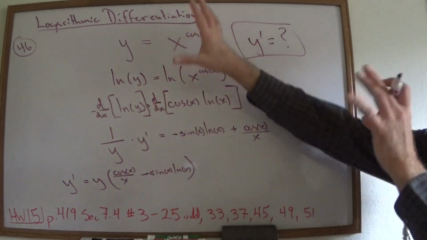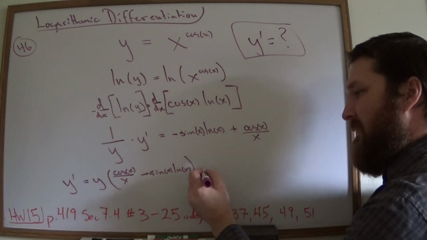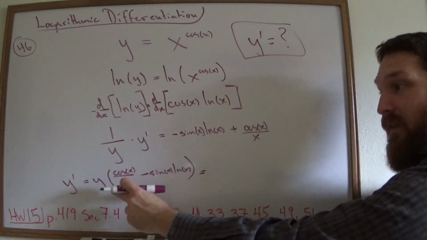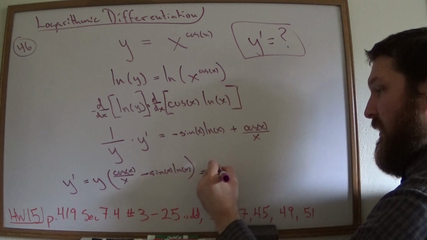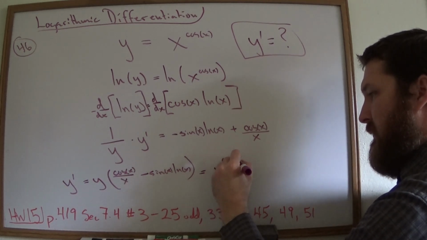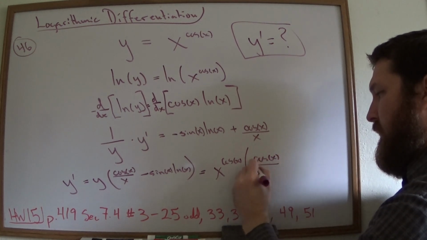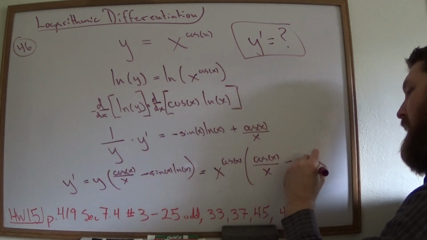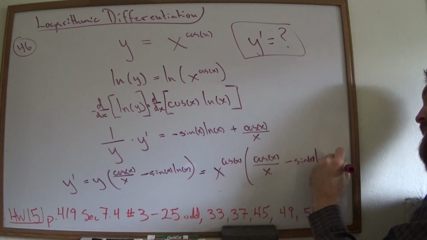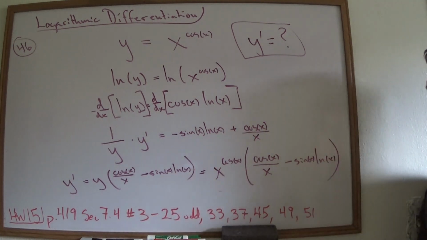So let's just replace y with x to the cosine x, times cosine x over x minus sine x log x. Boom. There's your derivative.